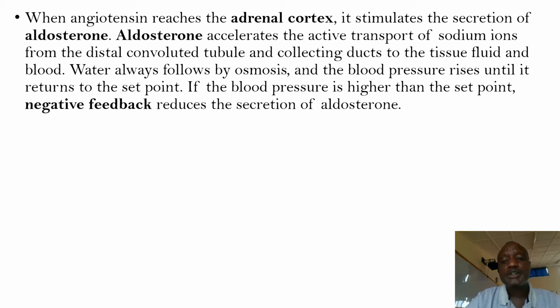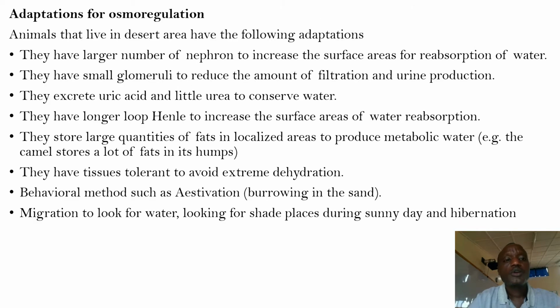Again, if the blood pressure is higher than the set point, negative feedback reduces the secretion of aldosterone. So basically there is a physiological mechanism, the negative feedback mechanism, that reduces the secretion of aldosterone. Now you have heard how the solute concentration is regulated in the bloodstream.